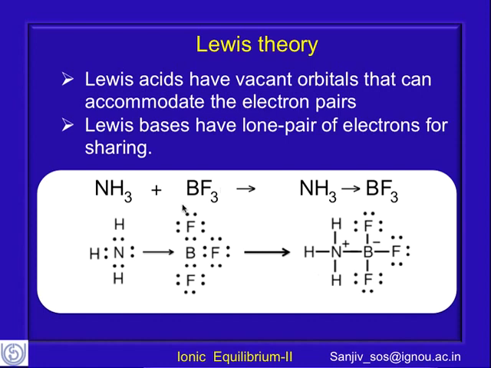This is a base because it's donating an electron pair. This is acting as an acid because it's accepting that lone pair of electrons. Let's look at one more example. As I just mentioned, the product of the base and the acid in Lewis theory is called an adduct.